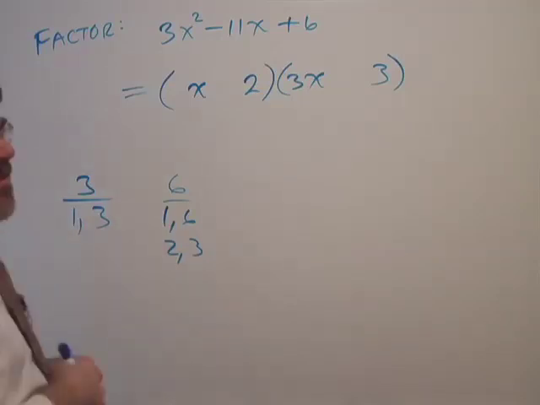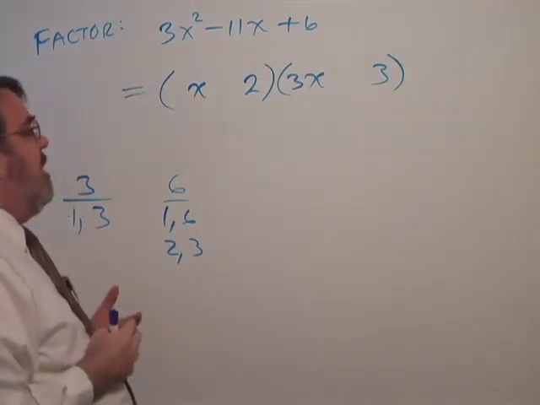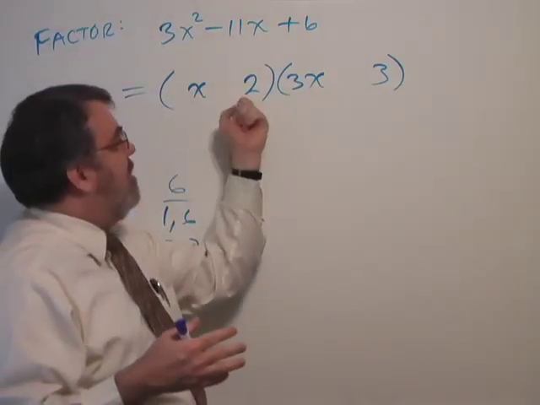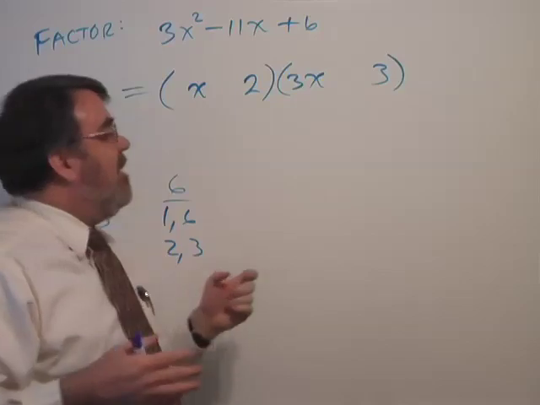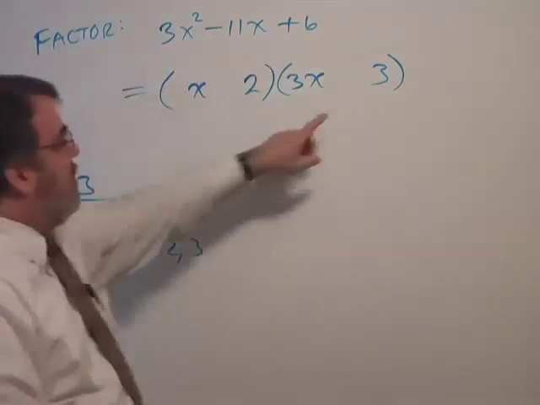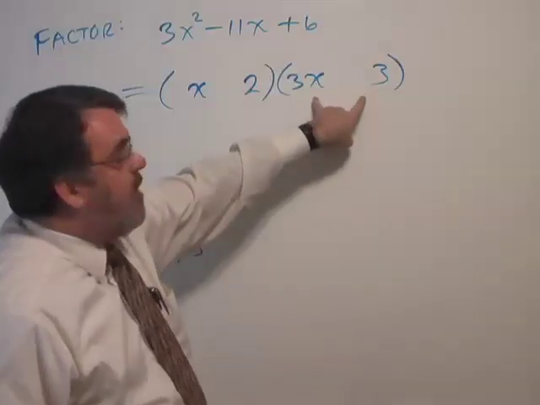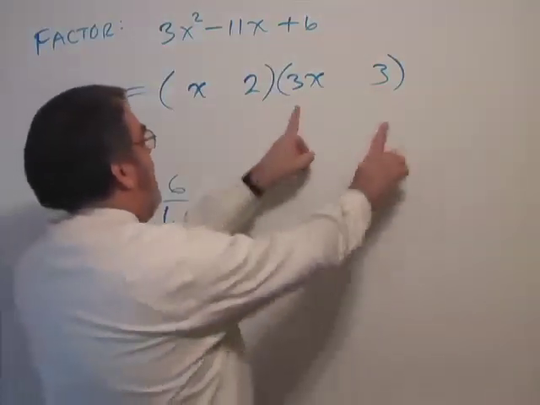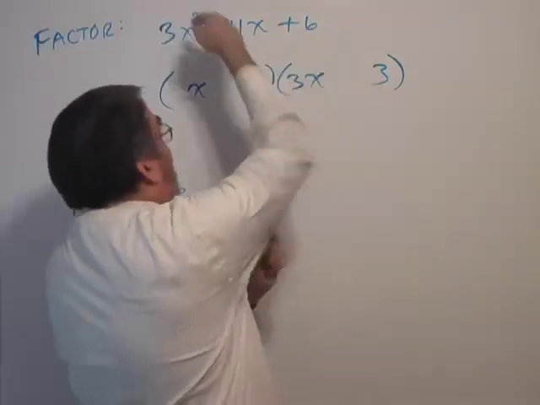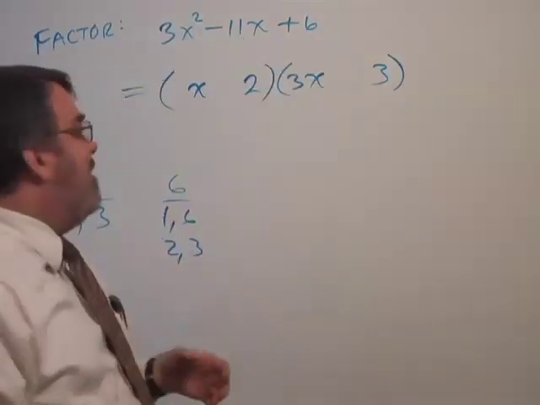But there's another reason why you don't even have to go that far. Why is it impossible to put a 2 here and a 3 here? What I want to point out is that if we put this factor of 3 in with the 3x, then if you look at this binomial, 3 will factor out. 3 does not factor out of the original trinomial.